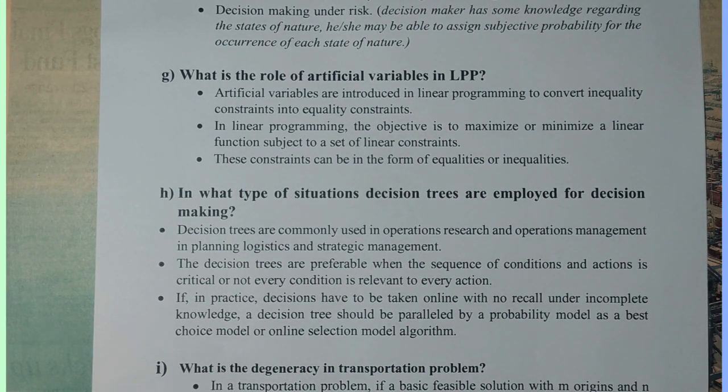Decision trees are preferable when the sequence of conditions and actions is critical, or when not every condition is relevant to every action. If in practice decisions have to be taken online with no recall under incomplete knowledge, the decision tree should be paralleled by a probability model as a best choice model or online selection model algorithm.